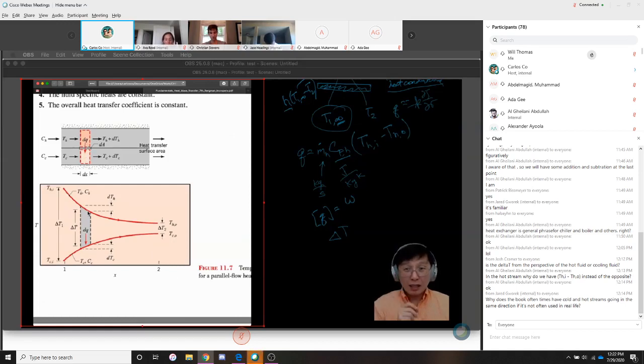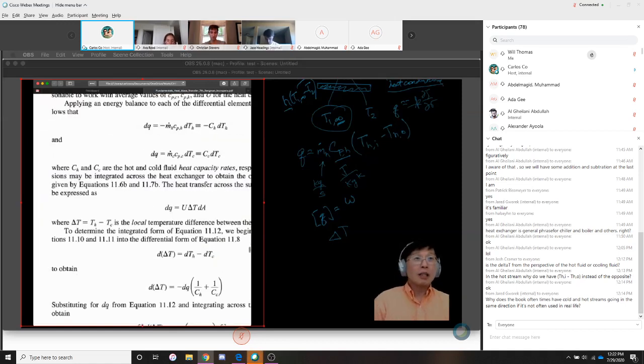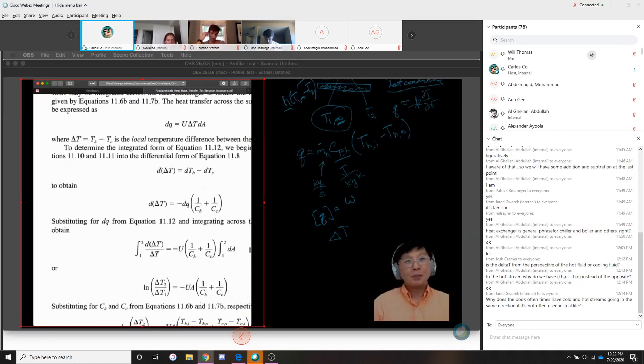And this dQ is equal to the temperature difference across that differential area multiplied by your overall heat transfer coefficient, U, which is about 800 watts per meter squared Kelvin for water, and about 3,000 for steam to water. Okay, so everything's clear, calculated, fairly straightforward.